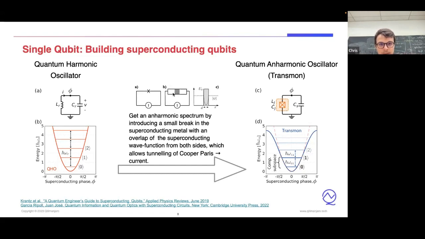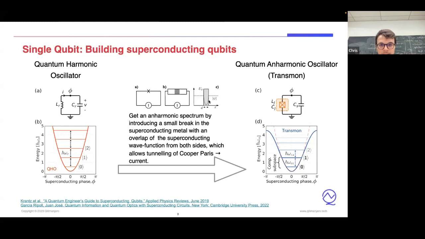this new element, which I already teased before, consisting of a superconducting part, an insulator, and another superconducting part. It actually looks really much like this.